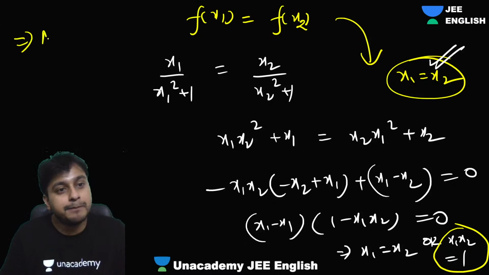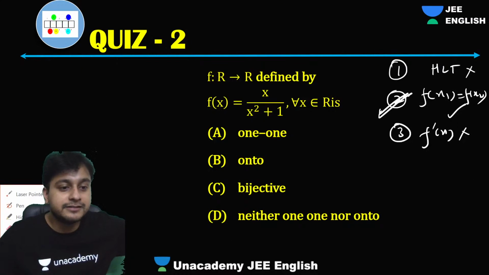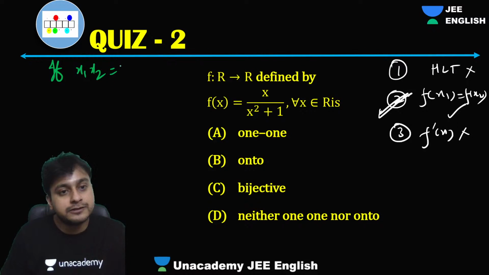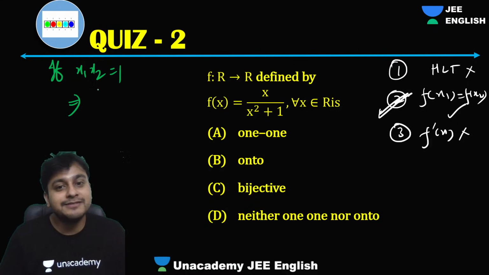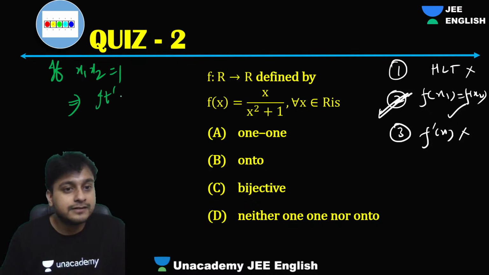It is many-one. Did everyone get the logic? You can check also. What did we get is that if x1 x2 equals 1, it's many-one obviously.